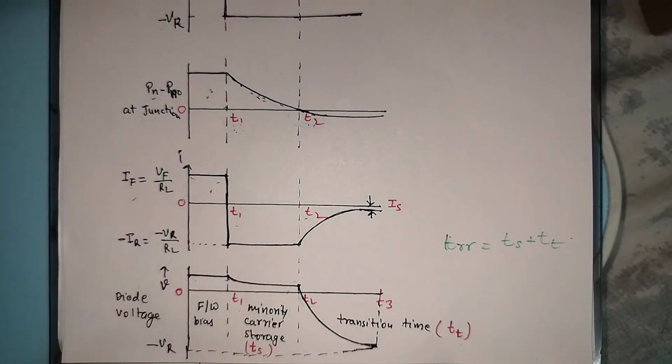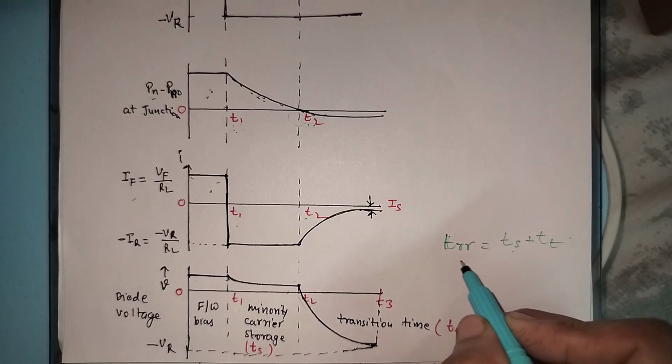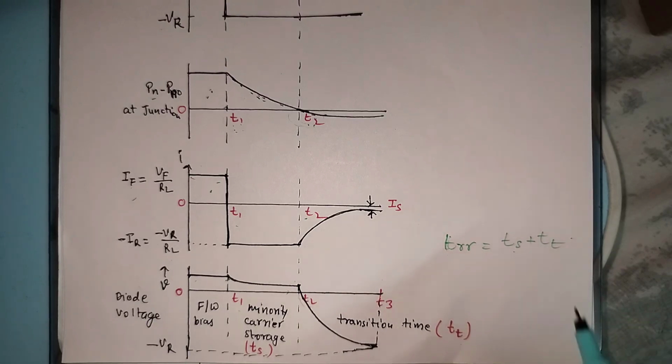So the total recovery time taken by the diode to go from the forward state to the reverse state is from time t1 to t3, meaning Ts plus Tt. This Ts plus Tt is the total reverse recovery time taken by the diode to come from the forward condition to the completely reverse condition, meaning the off condition.